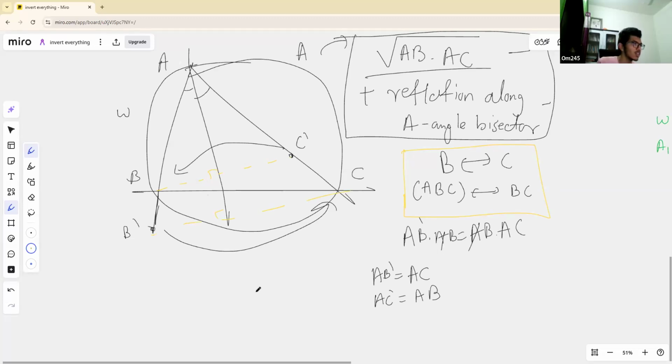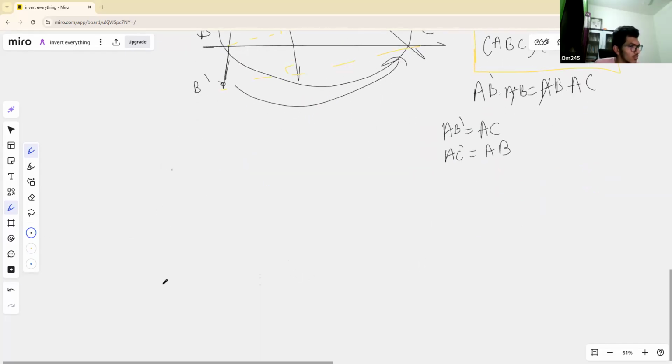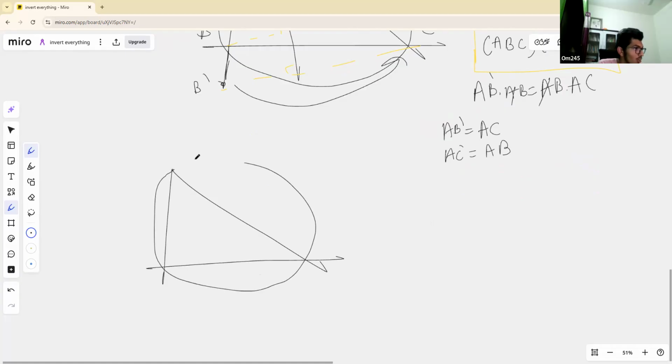So let's first see where these two things map, the circles or lines. This circle is basically the circle with radius root BC, and then you do the reflection on the angle bisector.